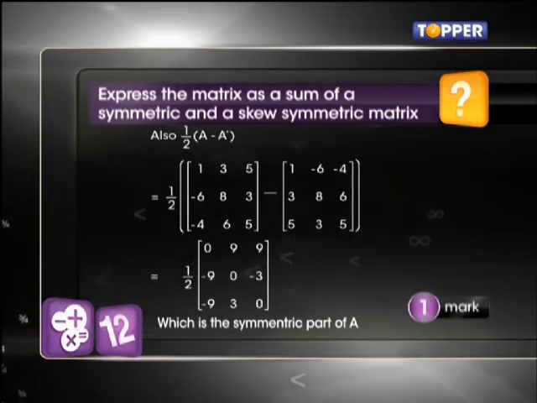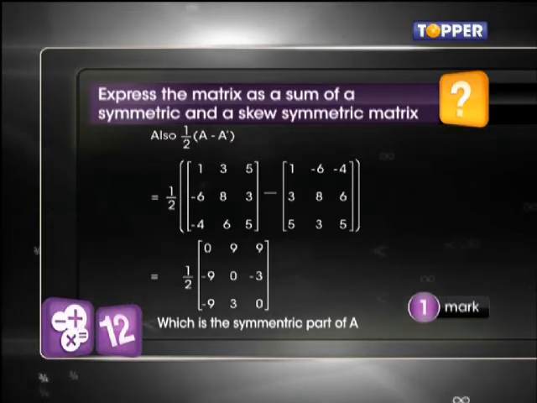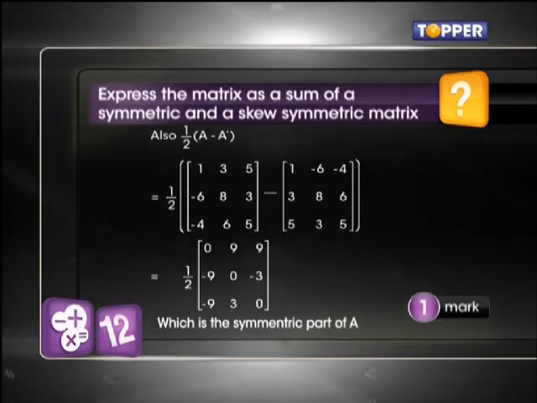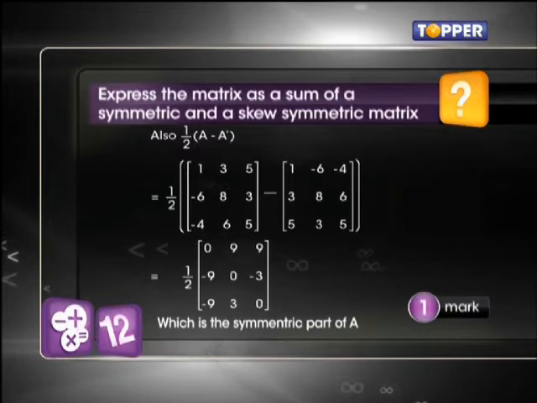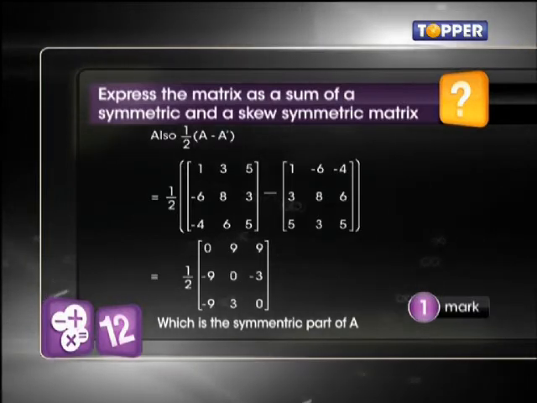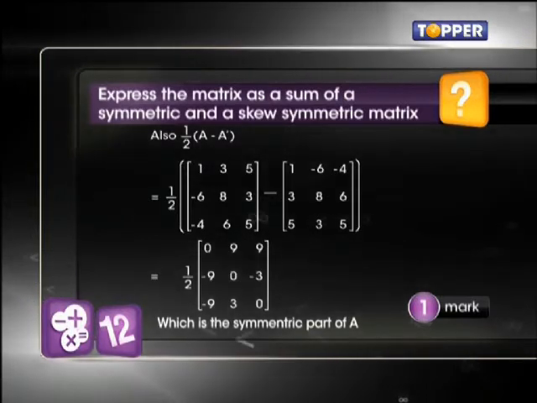If we look at the marks distribution, you get half a mark each for defining symmetric and skew-symmetric matrices, and 1 mark each for denoting the two parts of the given matrix.